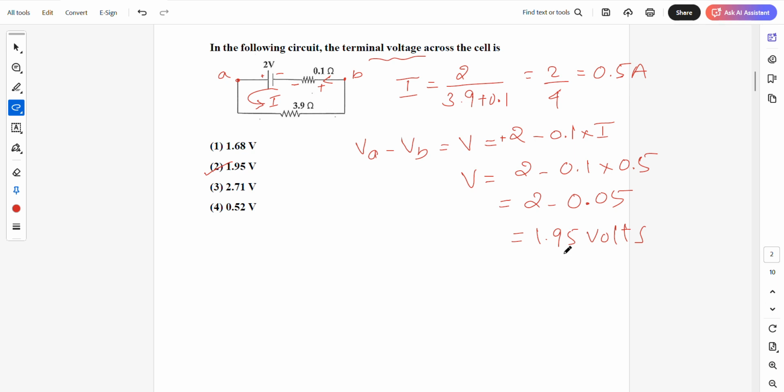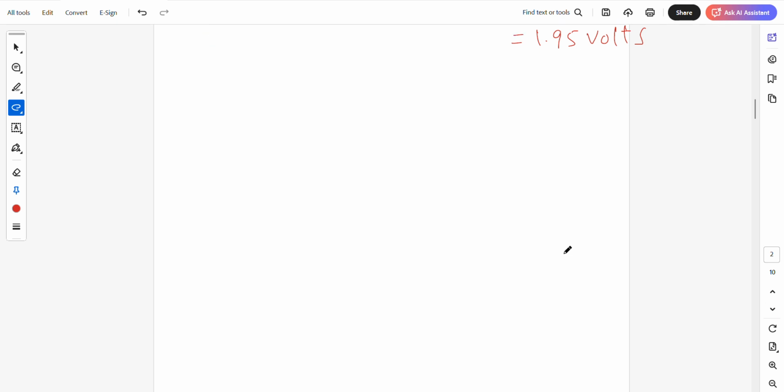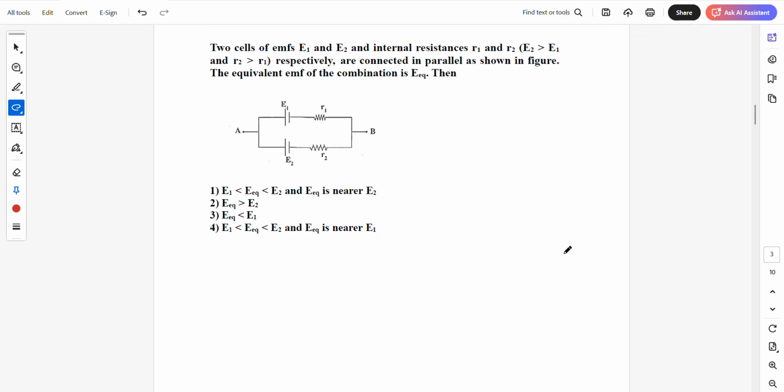Okay, next, what it is saying? Two cells of EMFs E1 and E2. This we have learned in case of what? Millman's theorem. How to write E equivalent? E equivalent is nothing but sigma E by R divided by sigma 1 by R. That is E1 by R1 plus E2 by R2, divided by 1 by R1 plus 1 by R2.